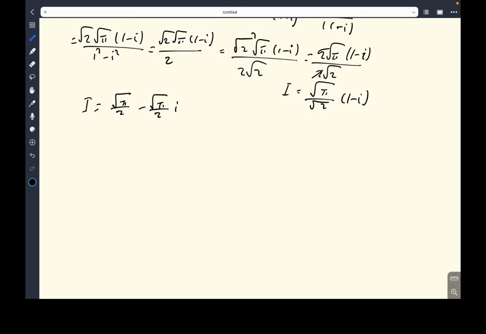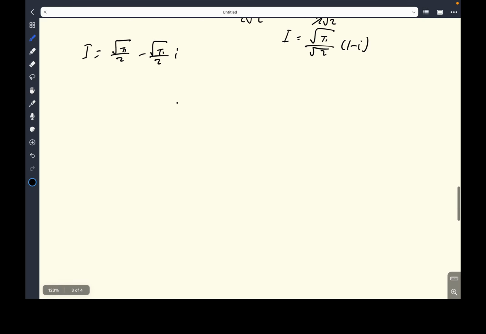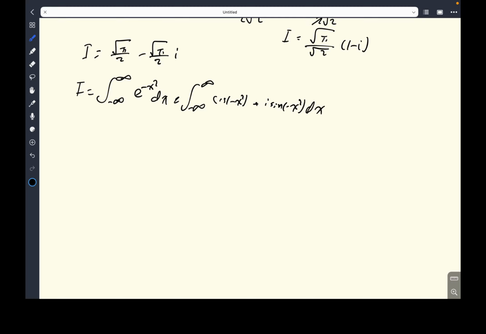Okay, now we can proceed further here by recalling the whole integral to be the integral from negative infinity to infinity of e to the negative x squared dx. Now I can expand it again using Euler's formula. It's going to be cosine of negative x squared plus i sine of negative x squared dx. We know that cosine is an even function, thus the negative is going to be absorbed.